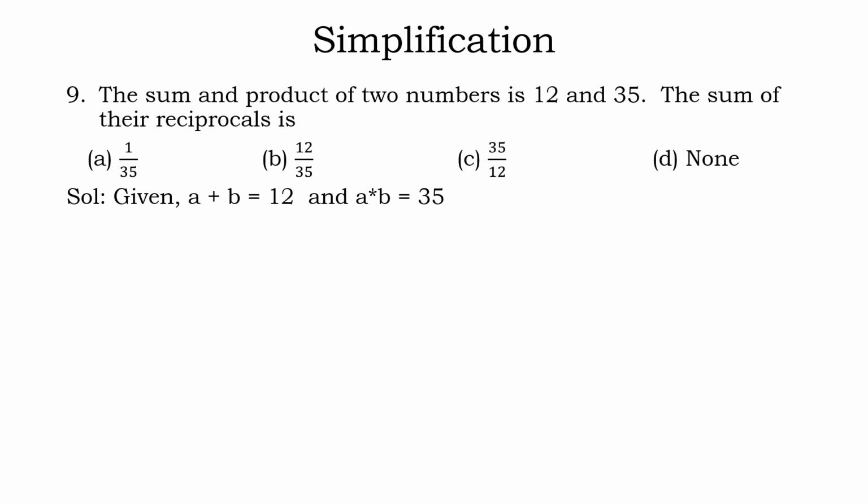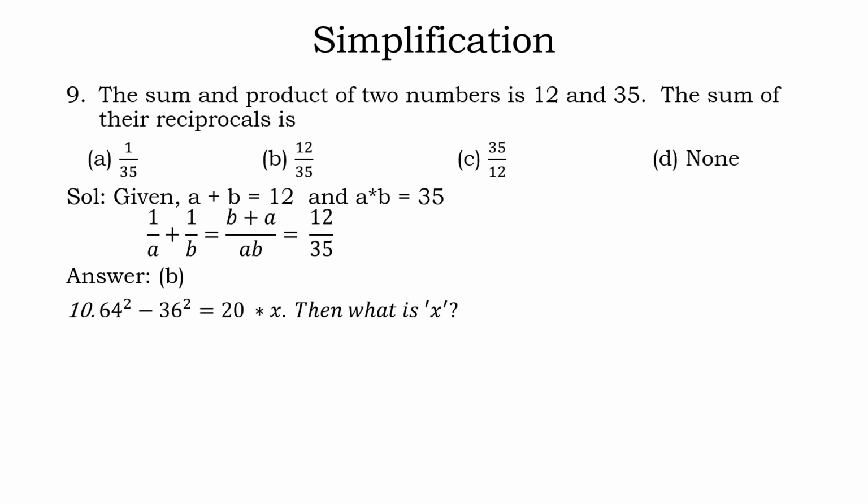Then we want the sum of their reciprocals. So the sum of reciprocals is 1 by A plus 1 by B. Now on simplification, by taking LCM we get A plus B in the numerator and AB in the denominator. So it is B plus A by AB. B plus A or A plus B is 12 and AB is 35. So 12 by 35 is the answer. So answer is B.